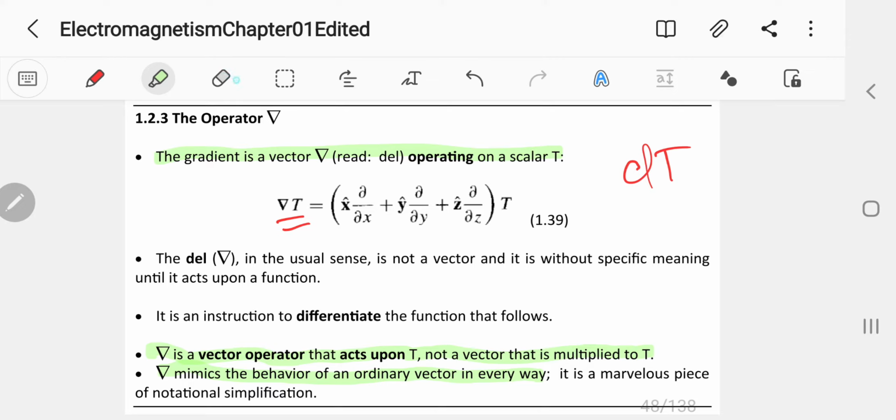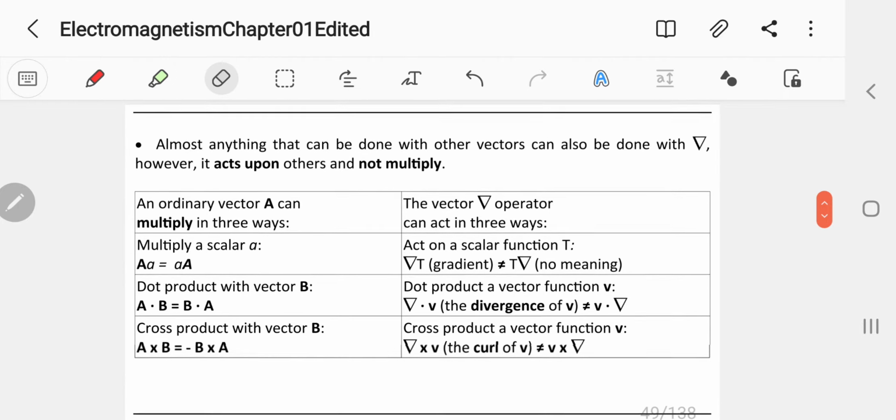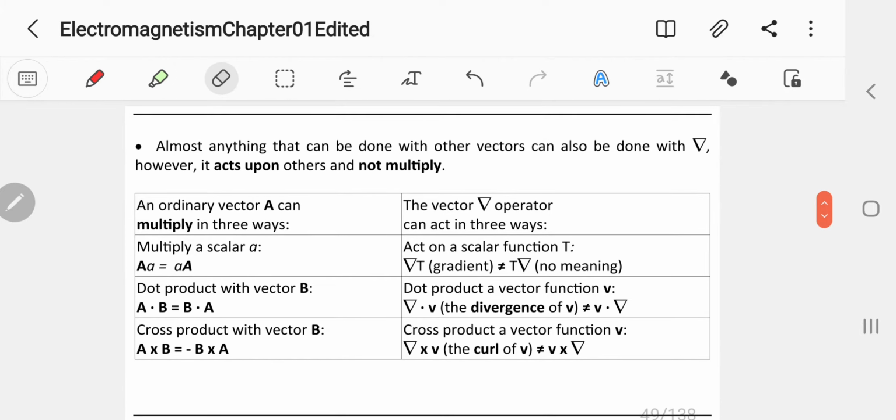So let's look at that. Almost anything that can be done with other vectors can also be done with the del. However, it acts upon others and does not multiply. Not ordinary multiplication, but it is an operator.